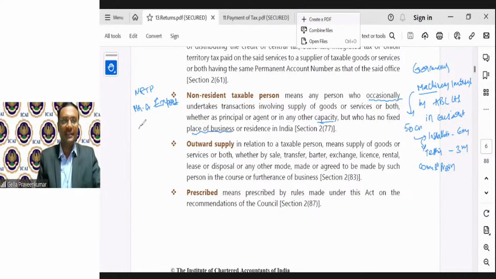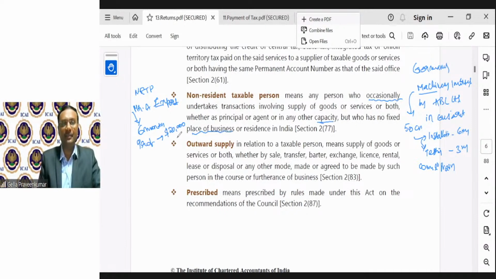So for 6 months, Mr. A is going to visit India to support this entity called ABC Limited. When A visits India, he'll say, my professional charges are so and so per month. Assuming per month he charges US dollar $20,000.